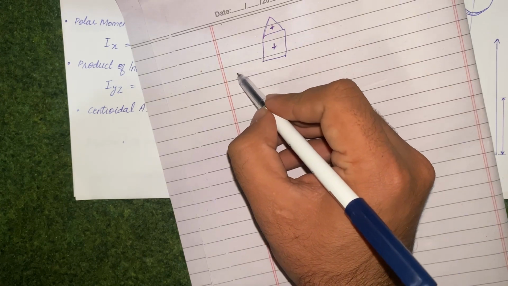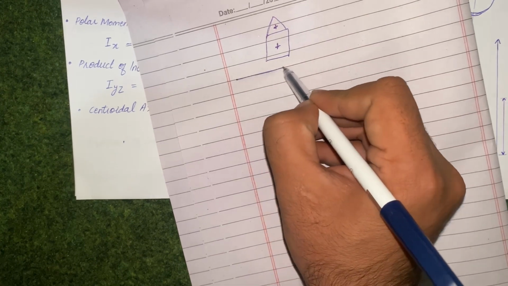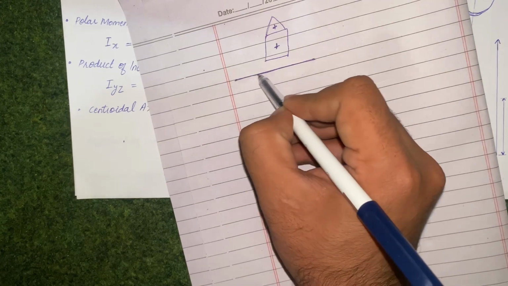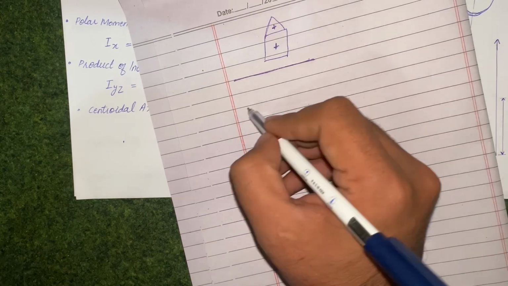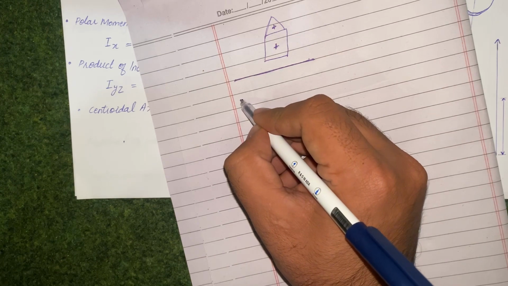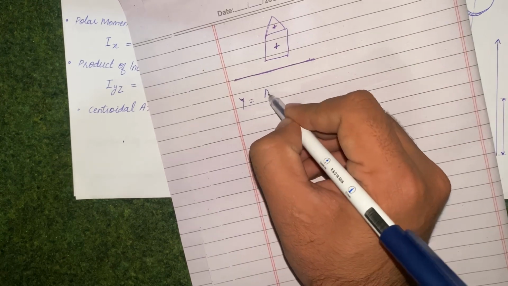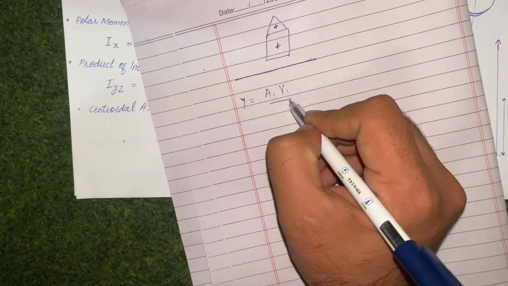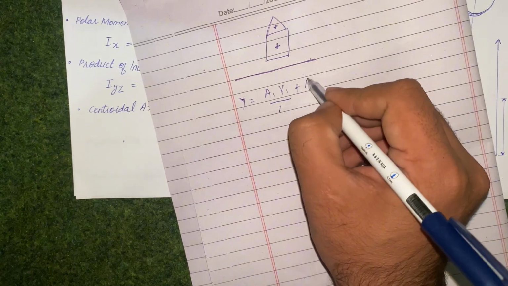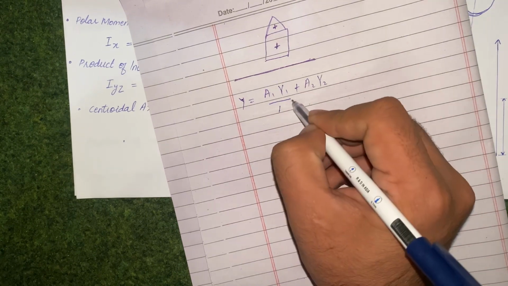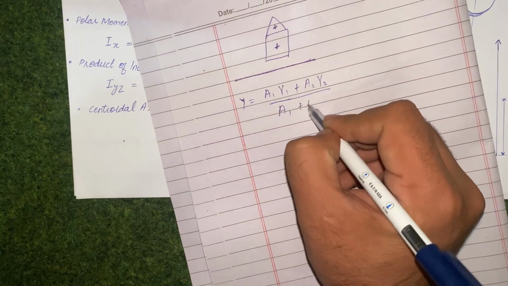If I calculate the centroid of the whole section, how would I calculate it? For y, the formula is a1 y1 plus a2 y2, divided by a1 plus a2.